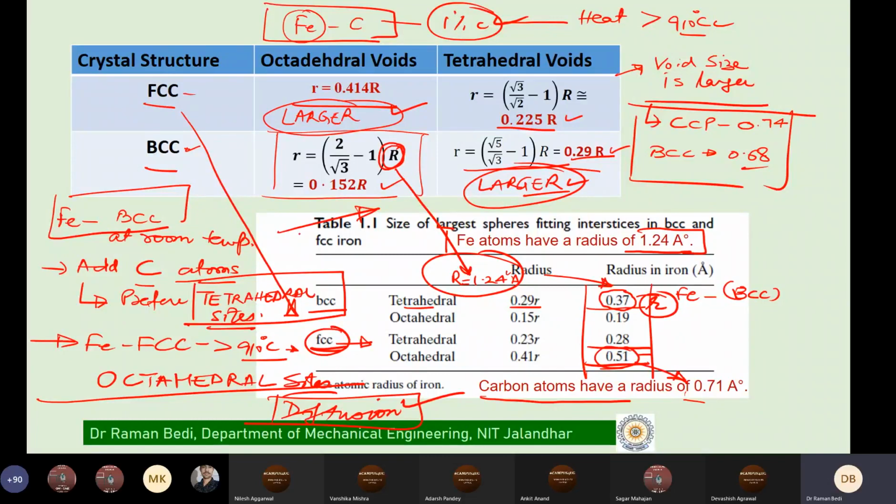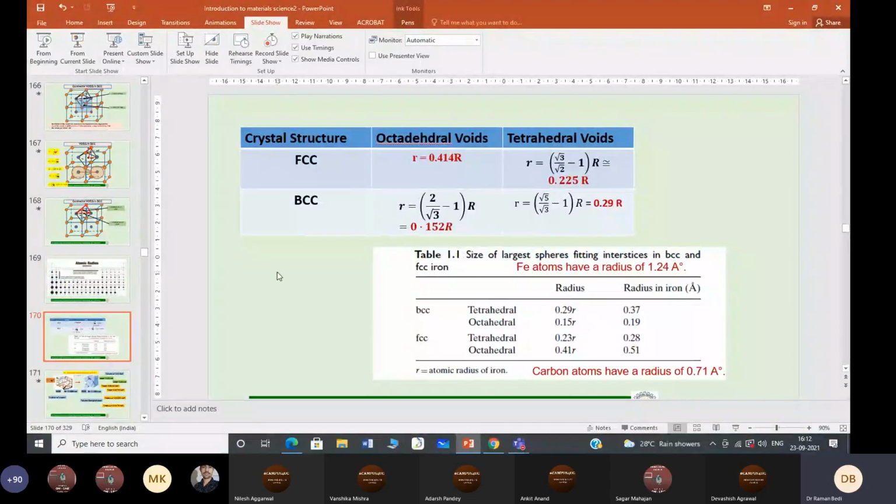First thing, theory tells me that in a BCC structure, carbon cannot be accommodated into the interstitials of iron, theoretically. Is that right? Yes, sir. Theoretically, we say that it is not possible because the radius ratio is too different from what is possible. But still, we observe that it is there. So what is the answer for that?